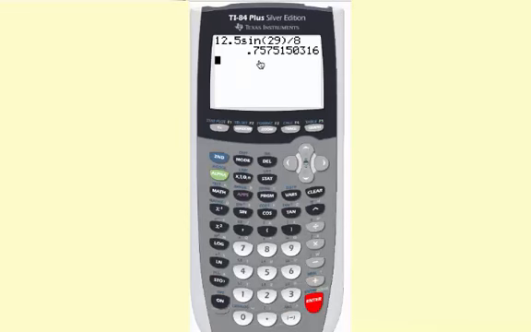Okay, so this means that the sine of angle B is 0.757515, so on and so forth. But I want to find the measure of angle B, so I'm going to do the inverse sine of that value, which I'm going to get from the answer button. Okay, and there's our angle B, 49.2 degrees.